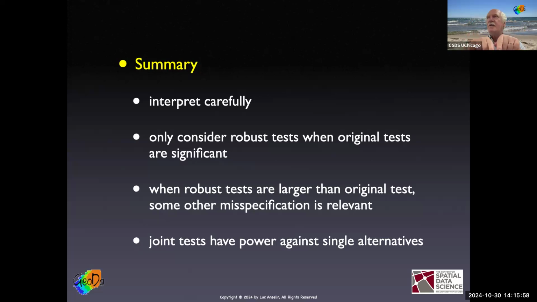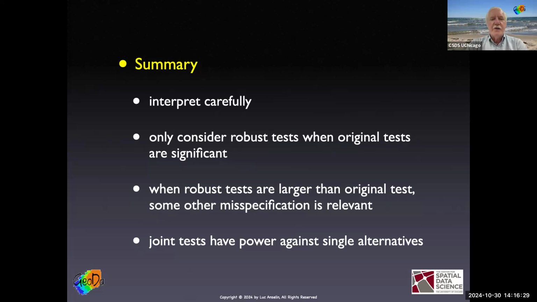Here, robust is not necessarily better. Robust is in the sense of correcting for some other type of misspecification. But if you correct for the wrong other type of misspecification, you're not better at all. So be careful when interpreting this, especially if you find that the robust test statistics are larger than the original tests, something else is going on.